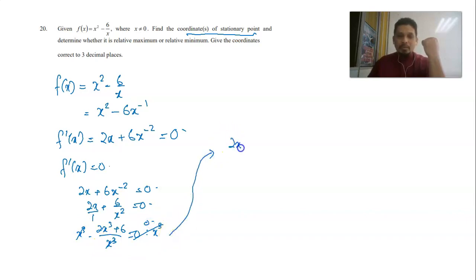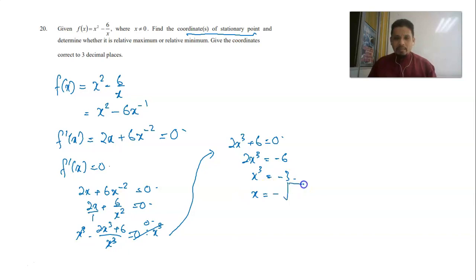So 2x cubed plus 6 equals 0, then 2x cubed equals negative 6, x cubed equals negative 6 divided by 2, which is negative 3. Use the calculator, so then x equals negative cube root of 3, or make this a negative cube root of negative 3.